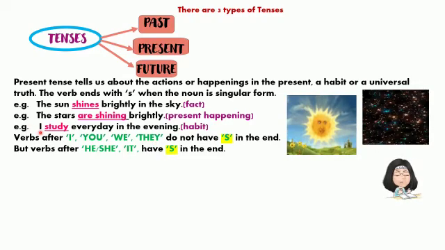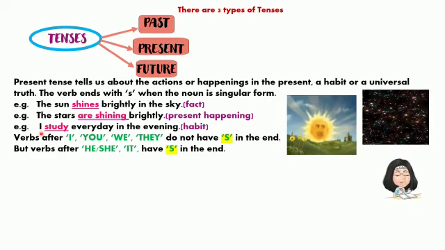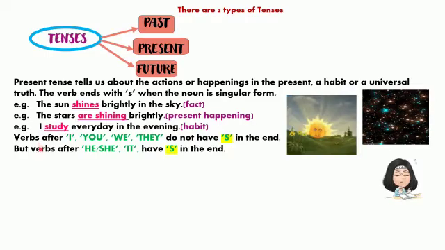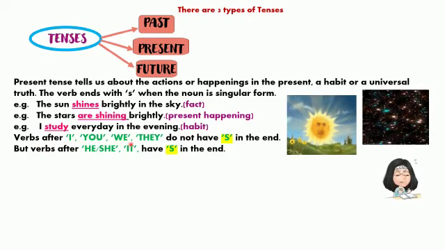Even if you put you over here, you don't say you studies. You study hard. We study. You don't say we studies. It's wrong, or it's incorrect. They, you don't write they studies. You say they study. So when the verb comes after these words, then you don't have to write s.